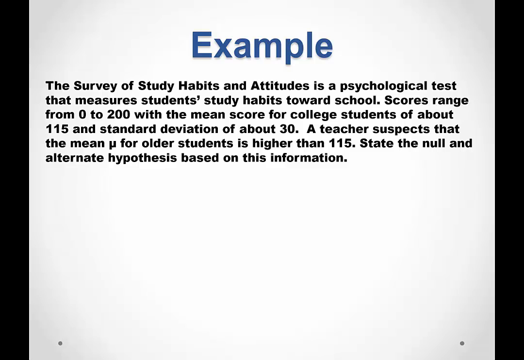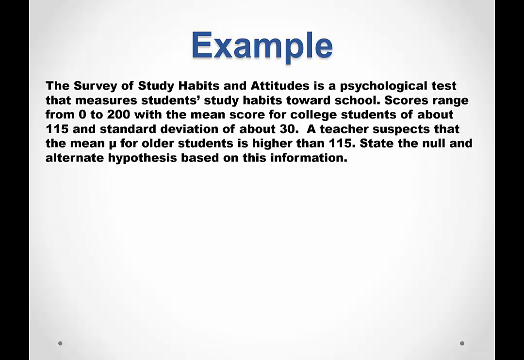And the scores range from 0 to 200 with a mean of 115 and a standard deviation of about 30. Now, in this instance, we have a teacher that suspects that the mean, mu, for older students is higher than 115. So what we want to do in this case is to state the null and the alternate hypothesis.